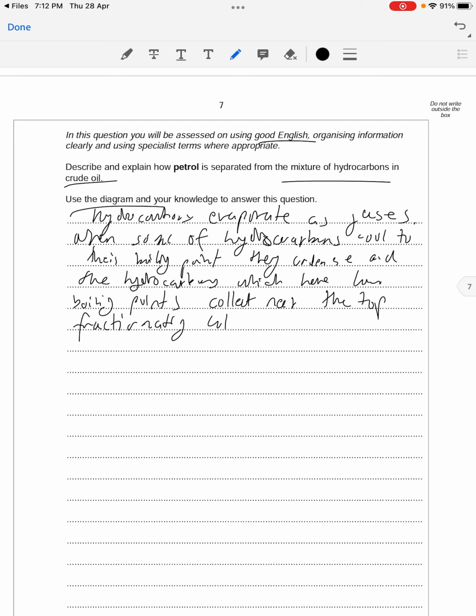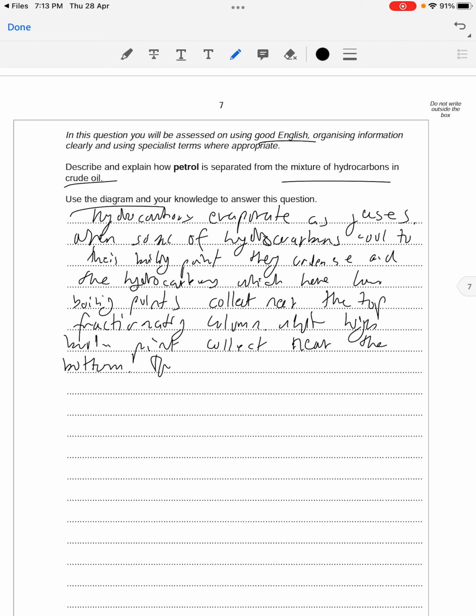Accept the converse as well. While those with high boiling points, I'm just going to mention that quickly, they collect near the bottom of the fractionating column.